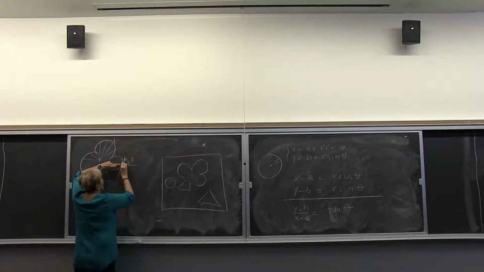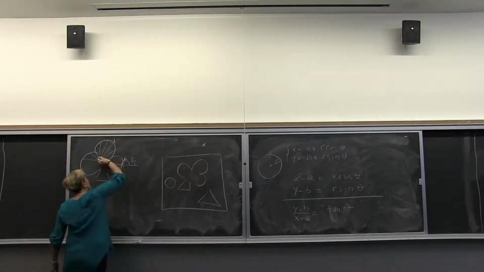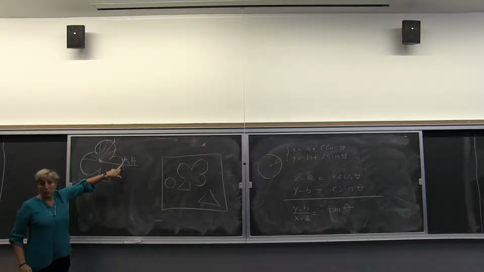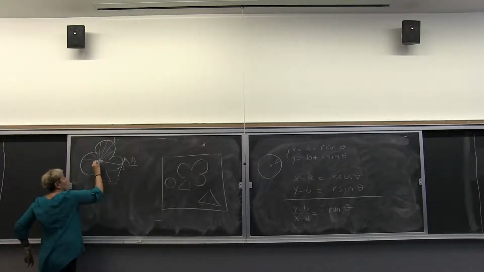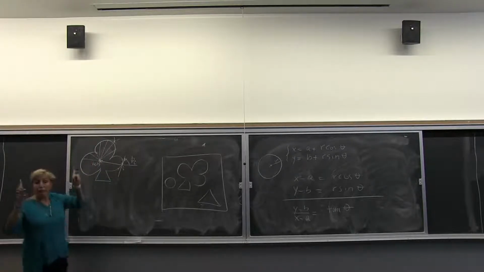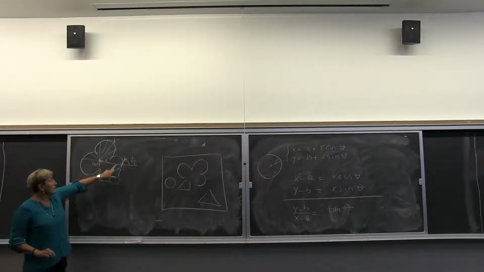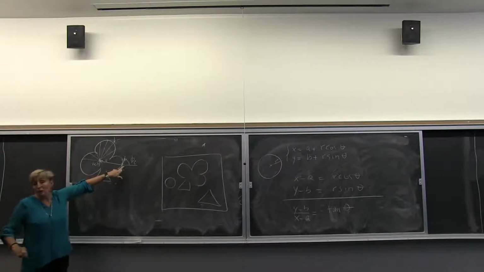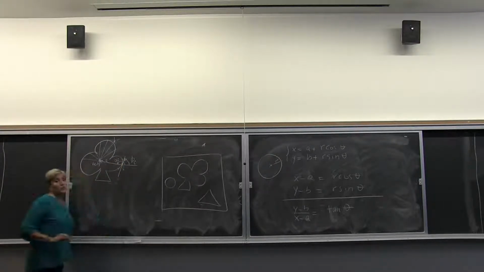So if this is a point i, let's call this angle phi sub i. And then I have this radius that goes from this point to this center. Let's call the center (a, b). And the length of that radius, let's call that r sub i. And the angle that this radius makes with this reference line, let's call it alpha sub i. Okay? So now I'm going to record what I just learned.